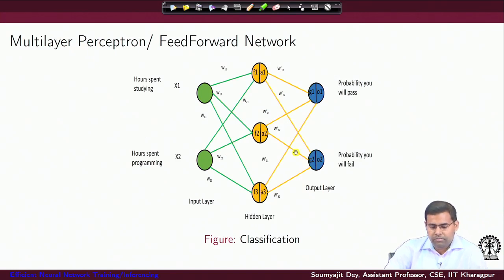So, with this background, let us come to the generic structure of a multilayer perceptron or a feed forward network. What is the motivation behind this multilayer perceptron? As we have seen, there are functions which are definitely not linearly separable. We would like to combine them with suitable linear maps along with non-linearity, and eventually get the outputs.